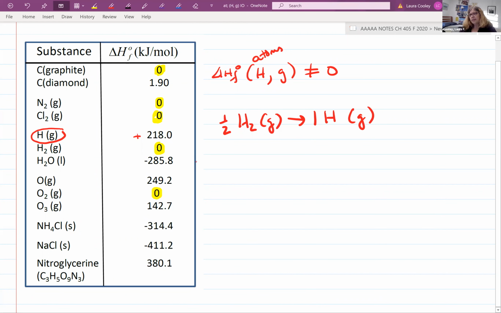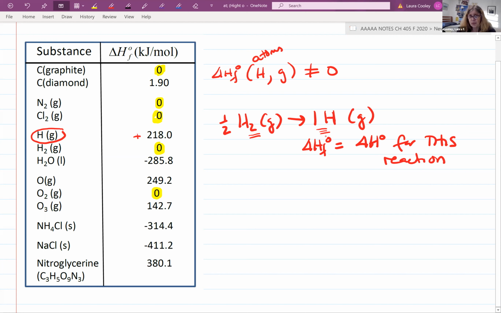So this delta H_f^0 is equal to the delta H^0 for this reaction. Hydrogen atoms are less stable than H2 gas.